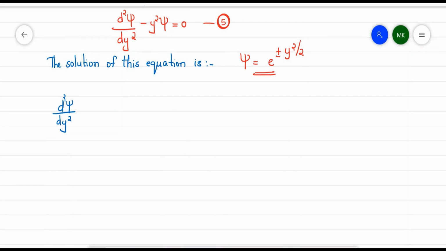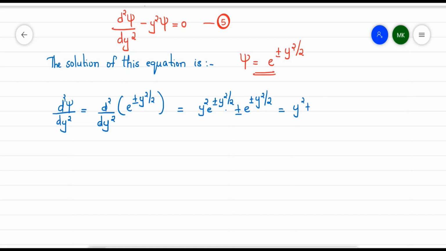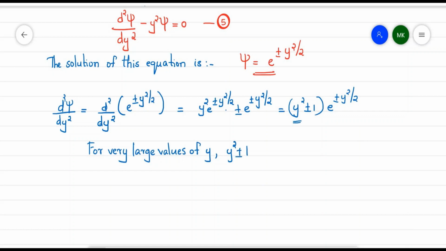D square xi by dy square is equal to d square by dy square e raised to plus or minus y square by 2, which is equal to y square e raised to plus or minus y square by 2 plus or minus e raised to plus or minus y square by 2. So this is equal to y square plus or minus 1 e raised to plus or minus y square by 2. For very large values of y, y square plus or minus 1 is approximately equal to y square.